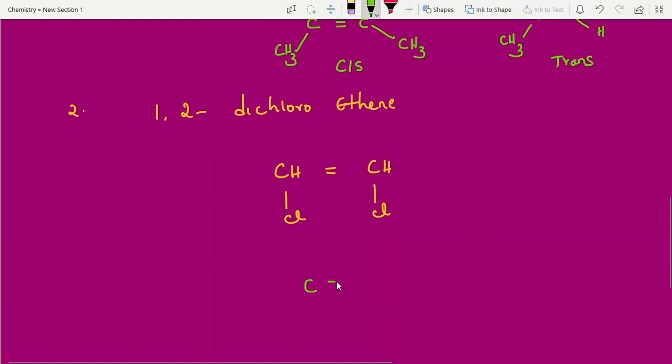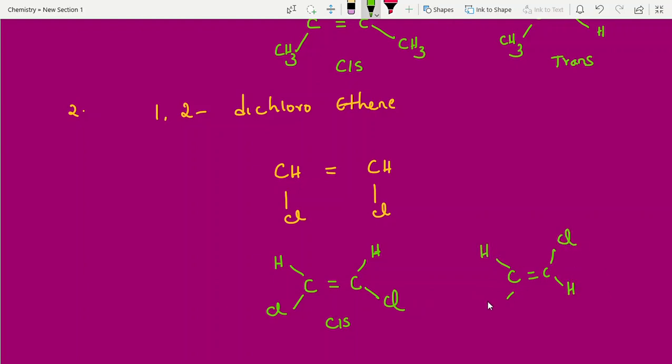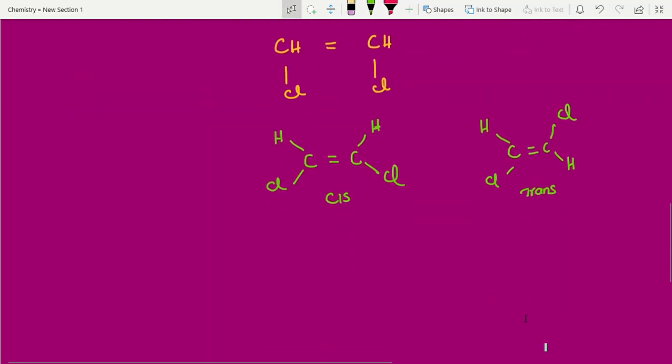C double bond C. It has hydrogen and chlorine on each carbon. Similar groups on the same side, we call it cis. Similar groups on the opposite side, we call it trans. That's it, a very easy topic, right?